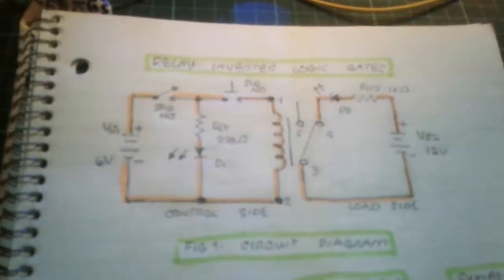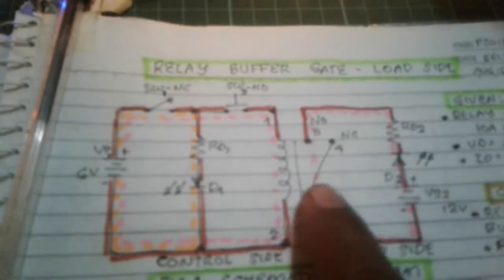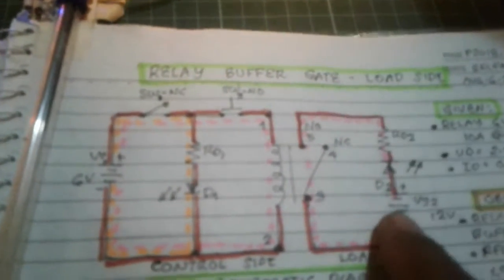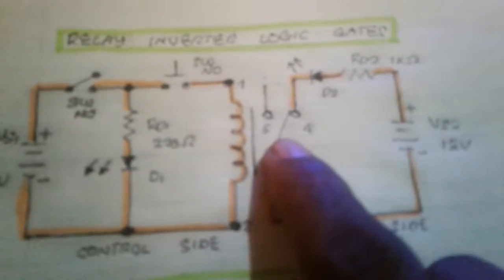Just to show the difference between the two circuits here, the inverter and the buffer gate. So the buffer gate is this. See the connection? Power supply here, LED, resistor to terminal 5. Here, the LED is connected to terminal 4. Normally, it has a closed circuit here.